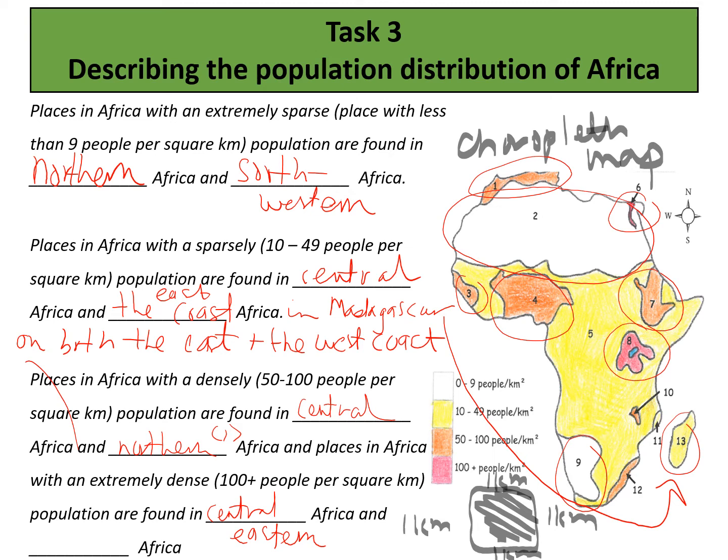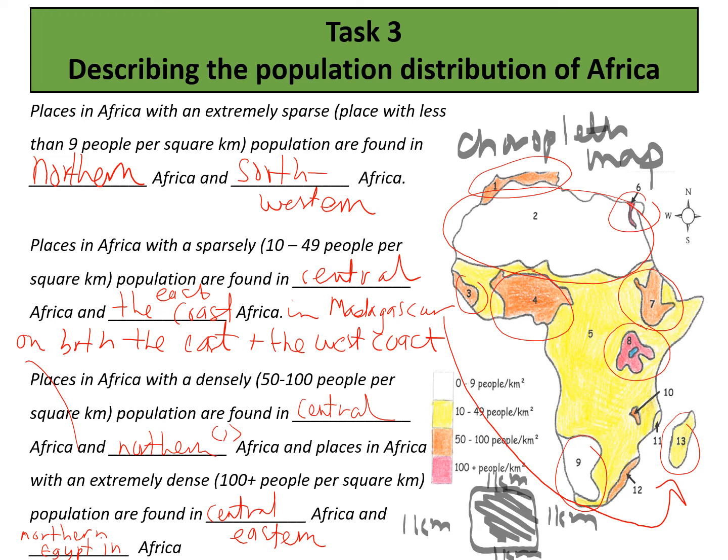So that would be classed as Northern Egypt, which is a country in Africa. Okay, so when you're completing task 3, you might want to have open a map or use your study file maps to help you do this more thoroughly.